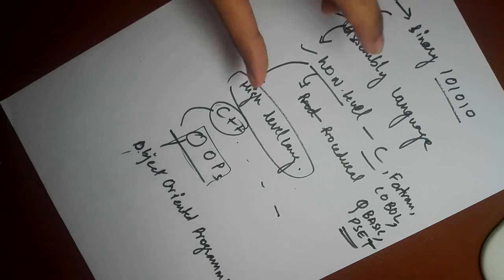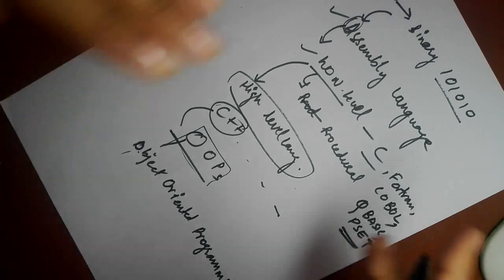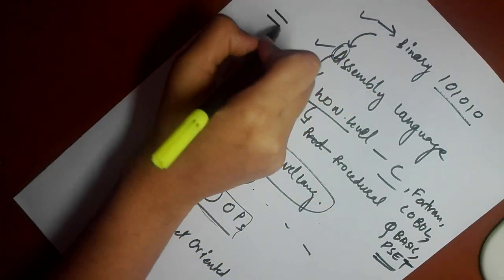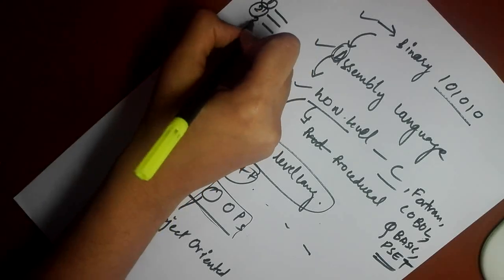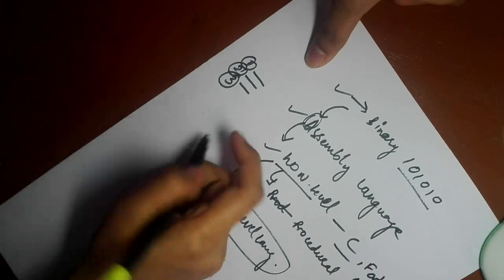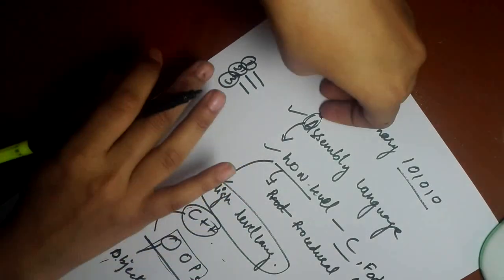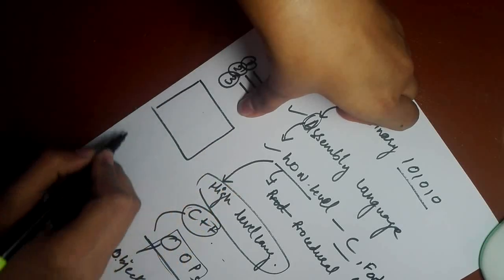For example, in procedural oriented languages, you have this approach where everything goes step by step. First this step would be executed, then second this would be executed, third this would be executed, and so on. But in object-oriented languages, there's no rule like that. You can have a class over here for all you want.